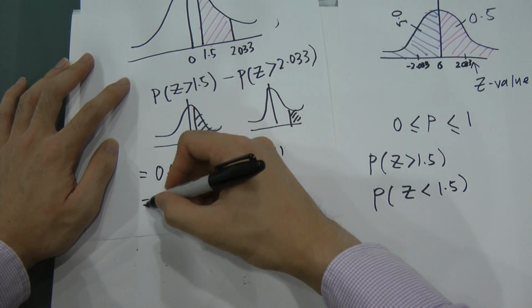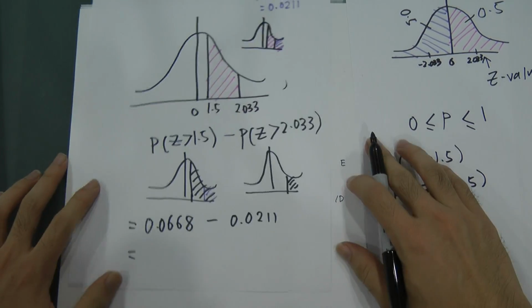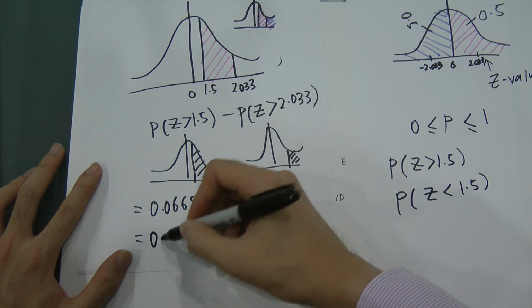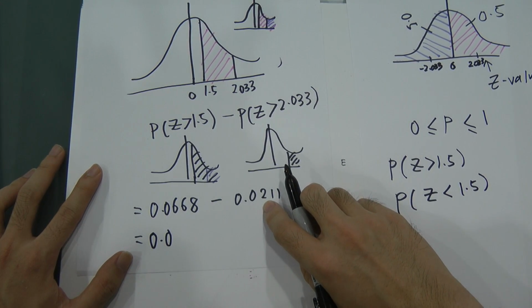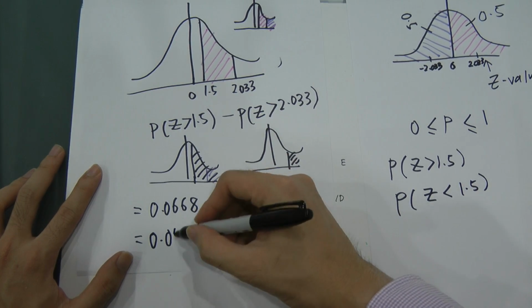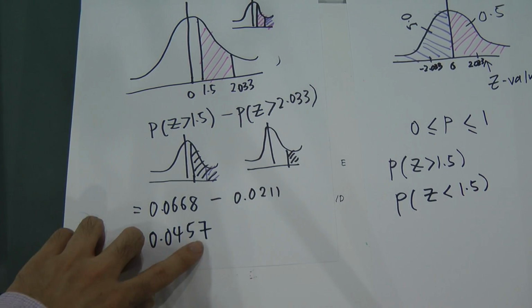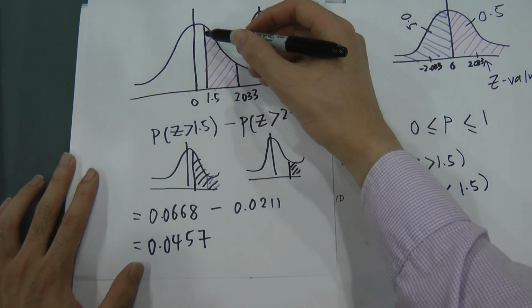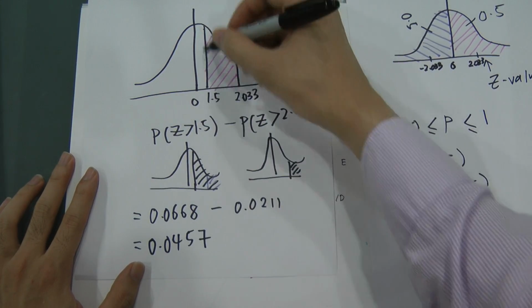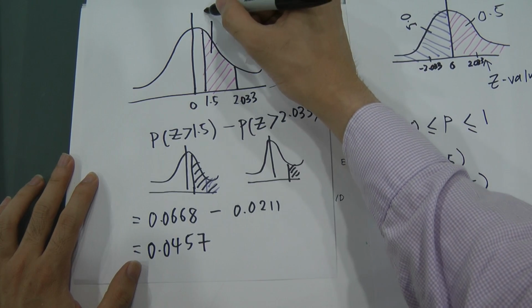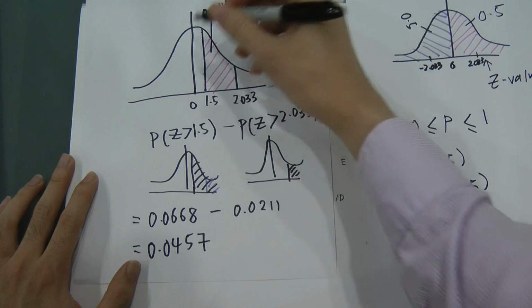You just press the calculator, I think the value will be 0.0457. It means this is the probability value, the area here will be 0.0457.